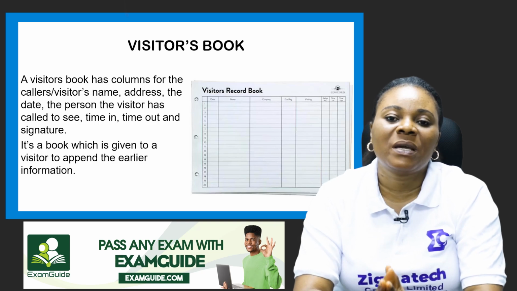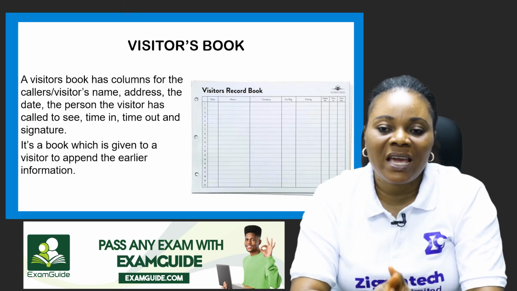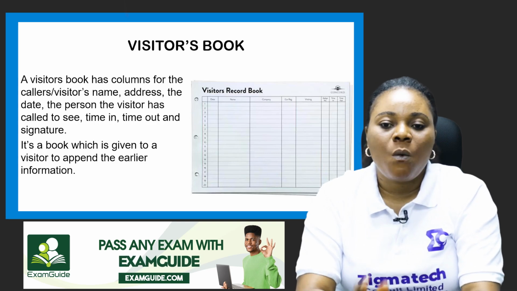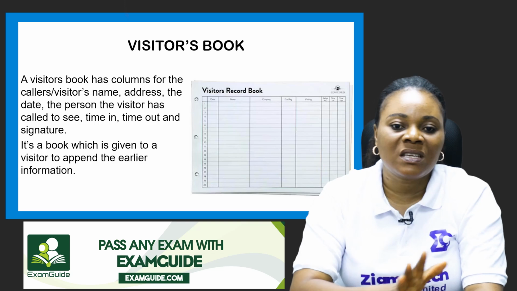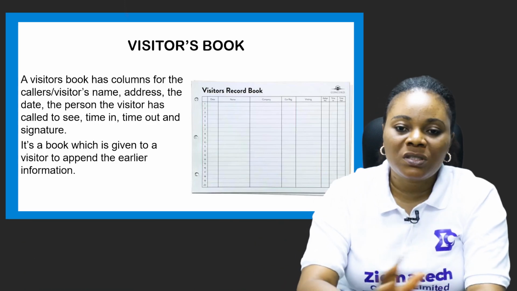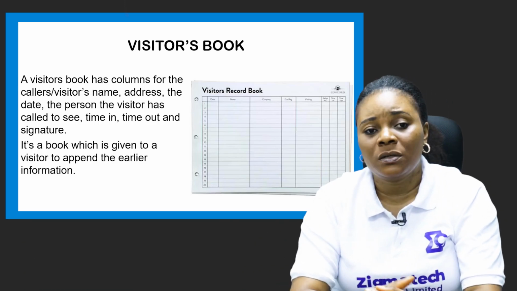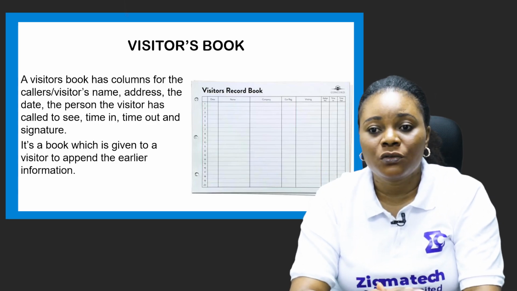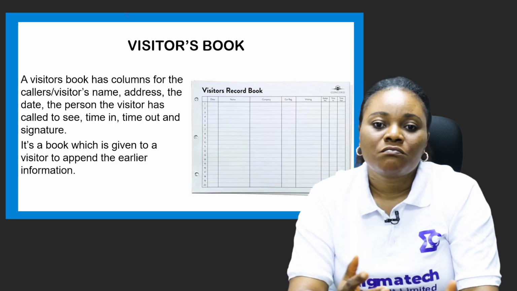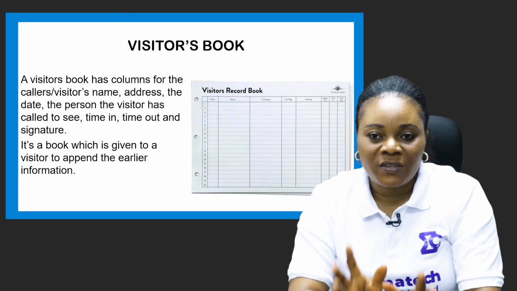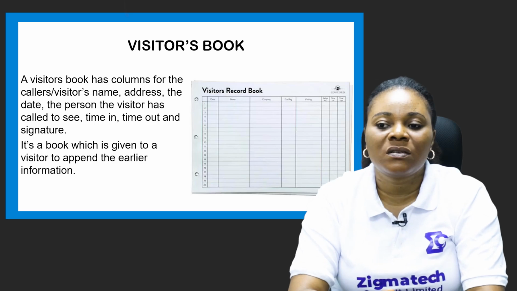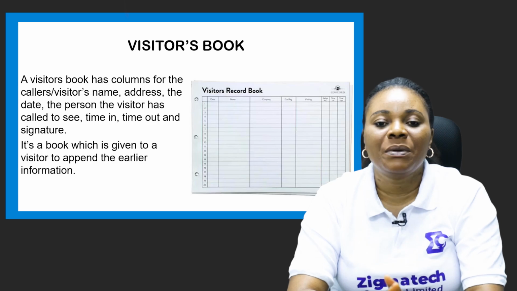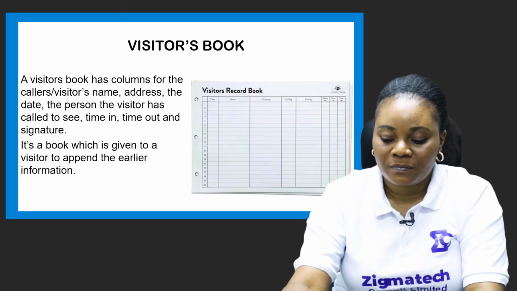The book is kept in the reception office, and once a visitor calls in, the book is given to the visitor to put in this information. It can also be done by the receptionist on behalf of the organization. The only thing you can do for the visitor is to put the signature. So the visitor has to put all those details in the visitor's book so that their movement can be properly monitored.